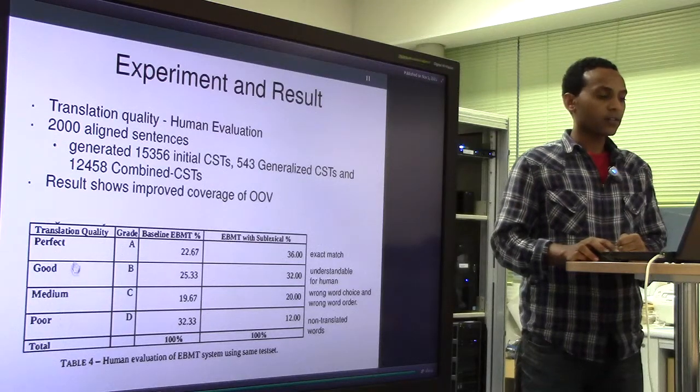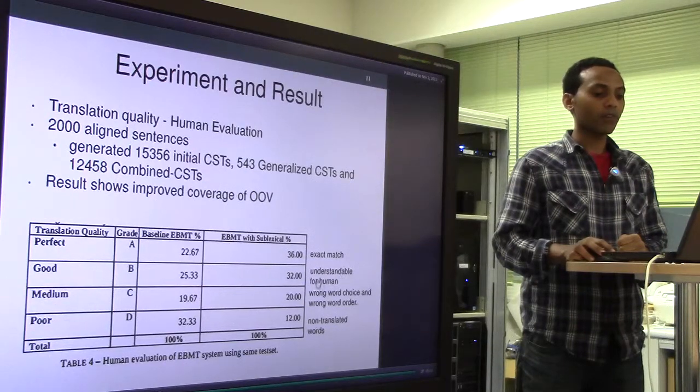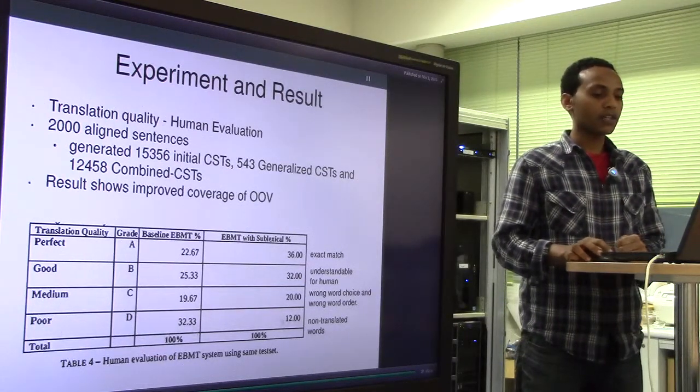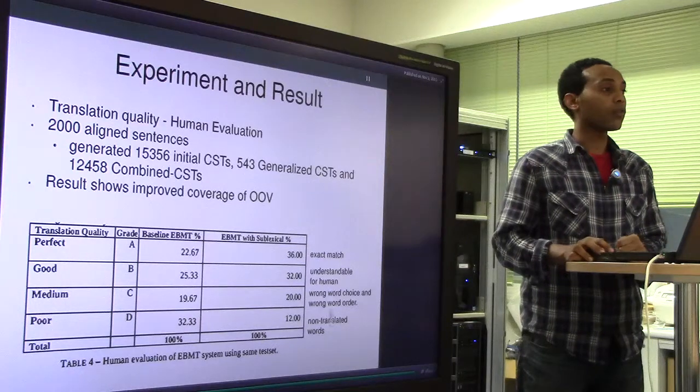And these are the levels of quality of the translations. So perfect means exact match. Good means understandable for humans. Medium is there are some mistakes, wrong word choice or wrong word order. And poor translation is non-translated words.